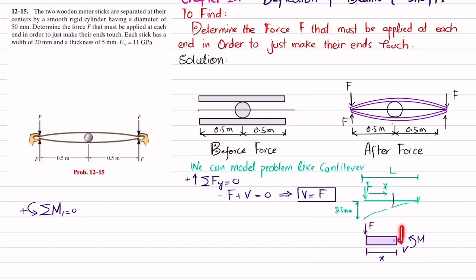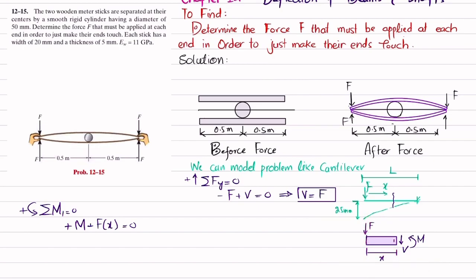As V is passing through point 1, there will be no moment due to V. So we will write plus M minus F into this distance, which is X, is equal to 0. This F is also producing a counterclockwise moment, so make a correction, this will also be plus.